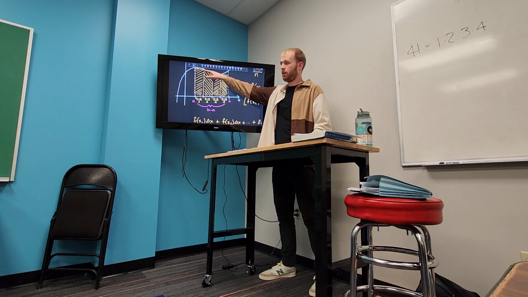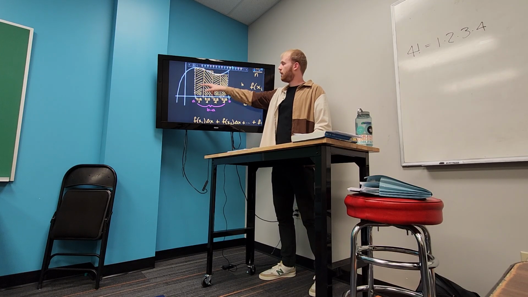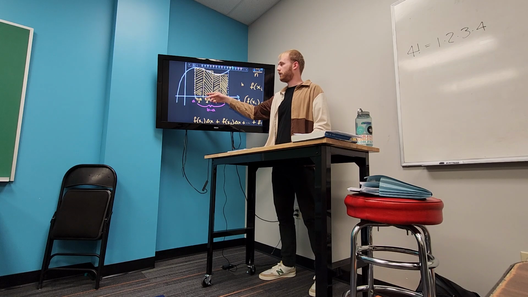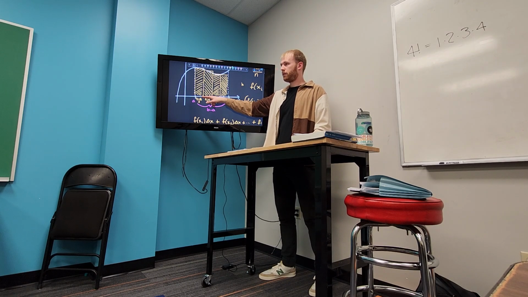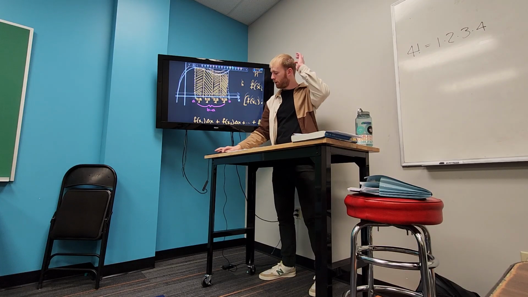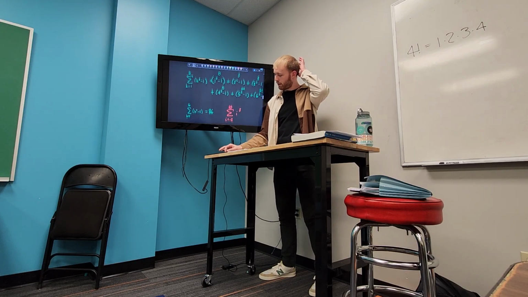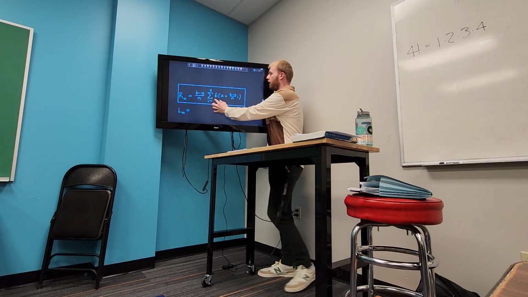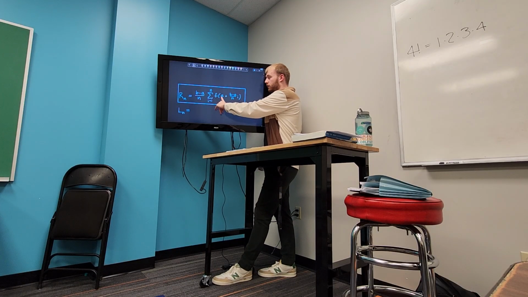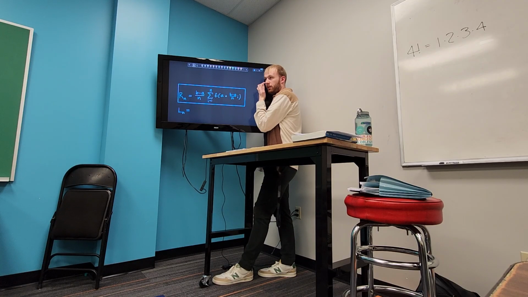Then the next rectangle that I would sum up, I need the shift of a plus the width of this rectangle plus the width of this rectangle for that right endpoint. So I need that f value. That's how we get this: I need to start wherever I started, and then add the width of each rectangle as I go along.